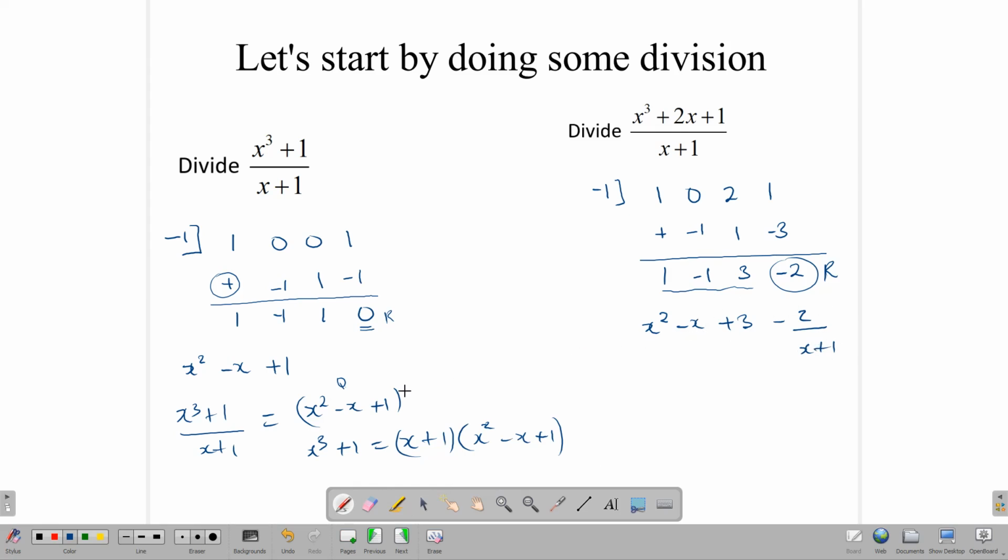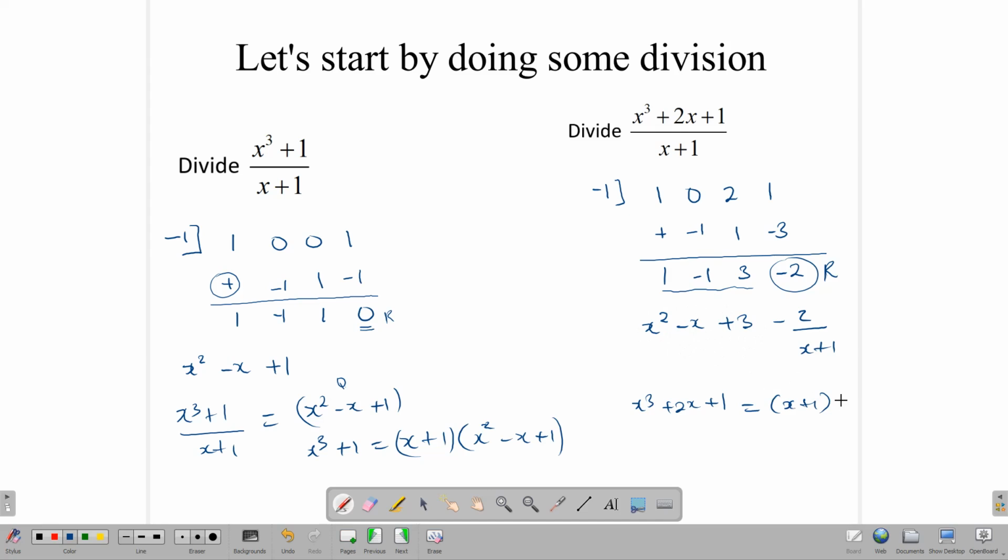So sometimes when we're dividing, we get a remainder. And sometimes when we are dividing, we have no remainder. We can rewrite this. X cubed plus 2x plus 1, in this case, is going to be equal to our divisor, which is x plus 1 times our quotient.